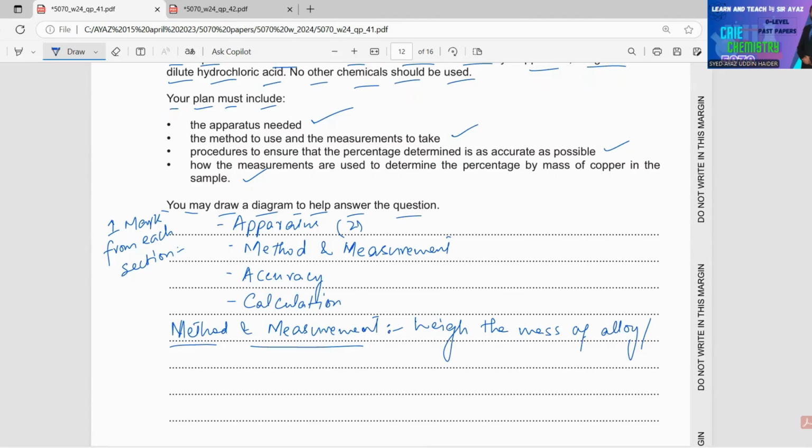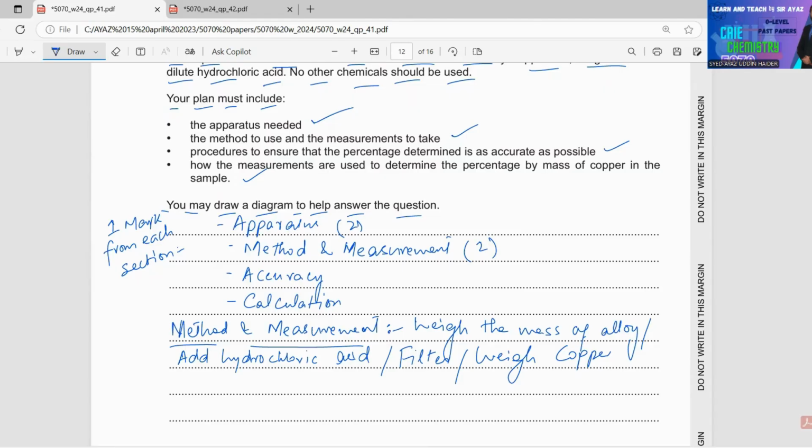Add hydrochloric acid. Filter. Weigh copper. Now I got 2 marks from here.